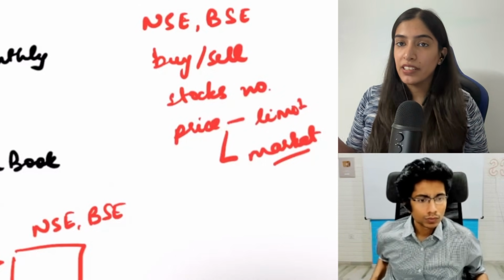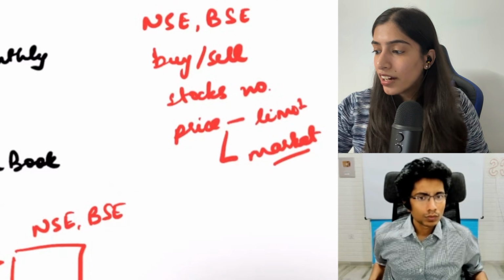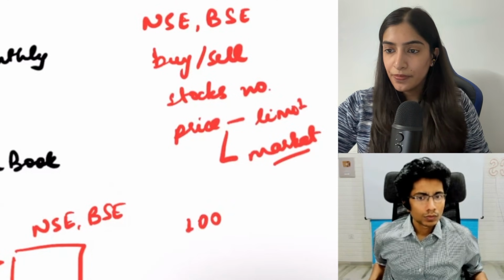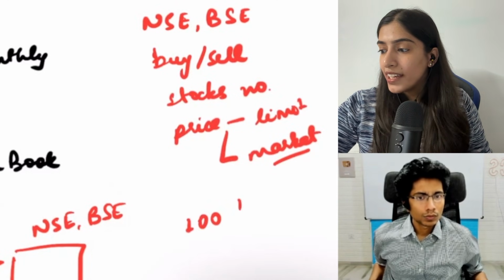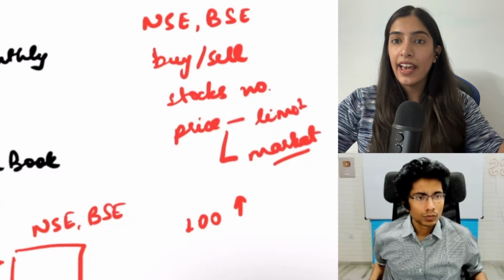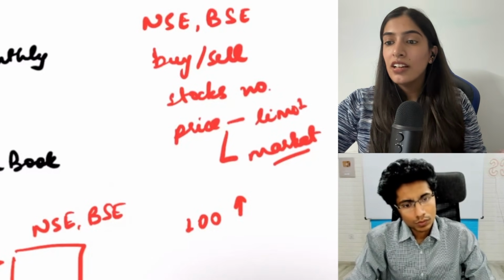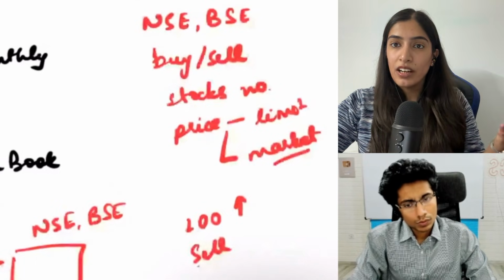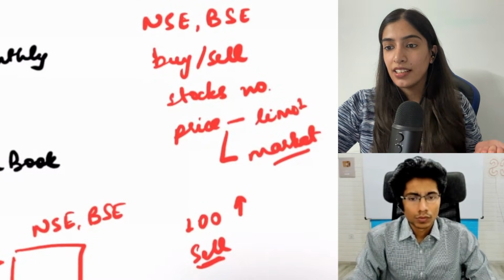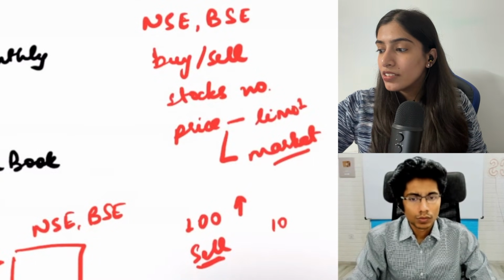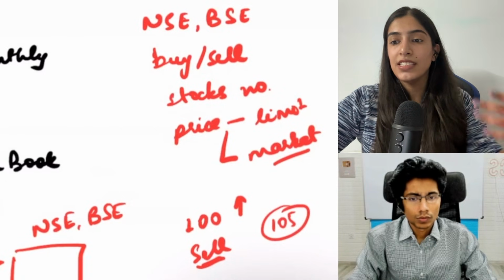Now, limit is a bit tricky. Let's say the current price of a stock is 100. Now, the price is going up and you want to sell the stock. You know the price is going up, but you don't want to keep checking again and again. So you're going to say that whenever the stock price reaches 105, just sell it.